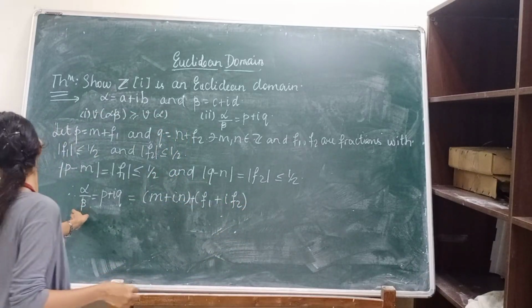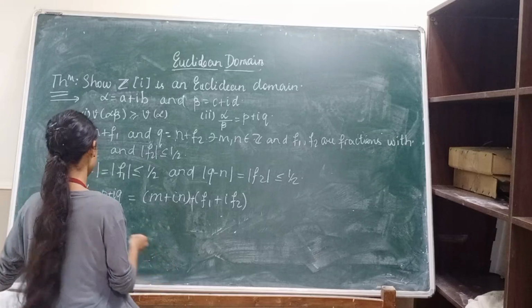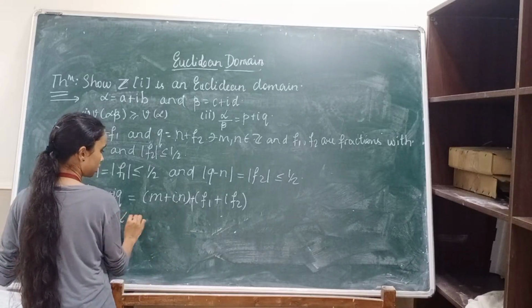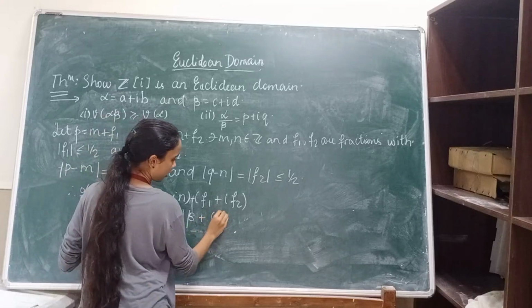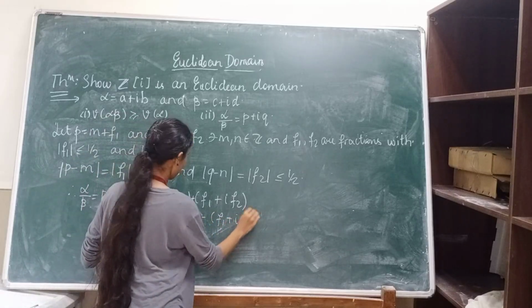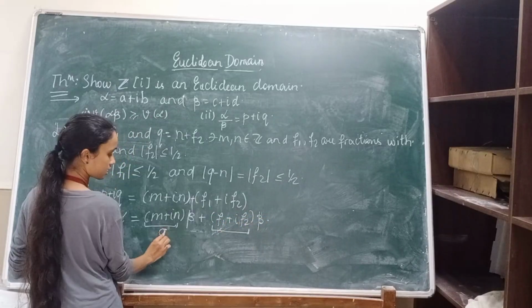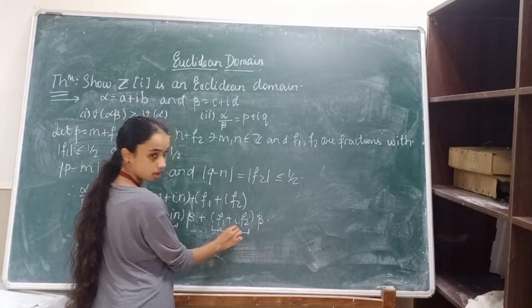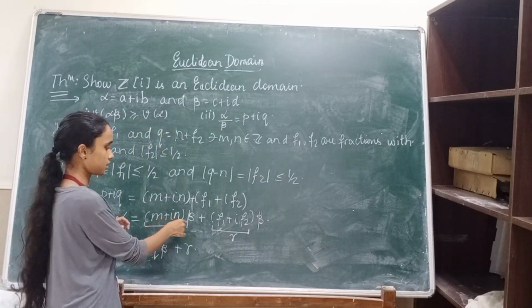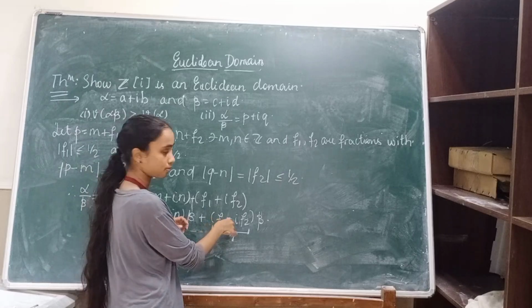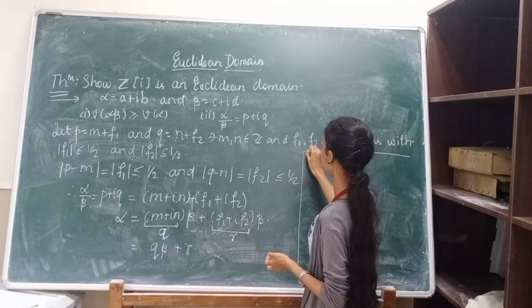Just take beta on this side. What we get is alpha equal to (M plus iota N) beta plus (F1 plus iota F2) beta. Consider this as Q and this as R, where Q is M plus iota N and R is F1 plus iota F2.